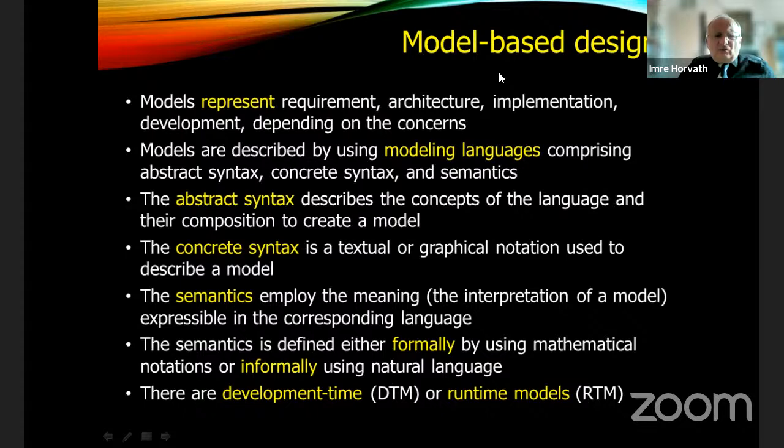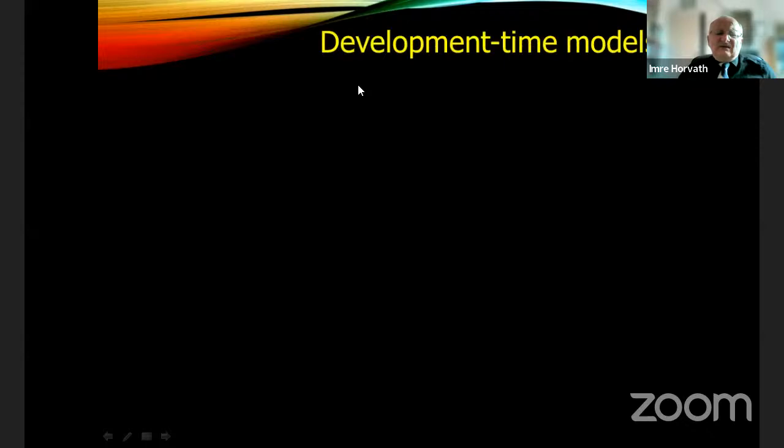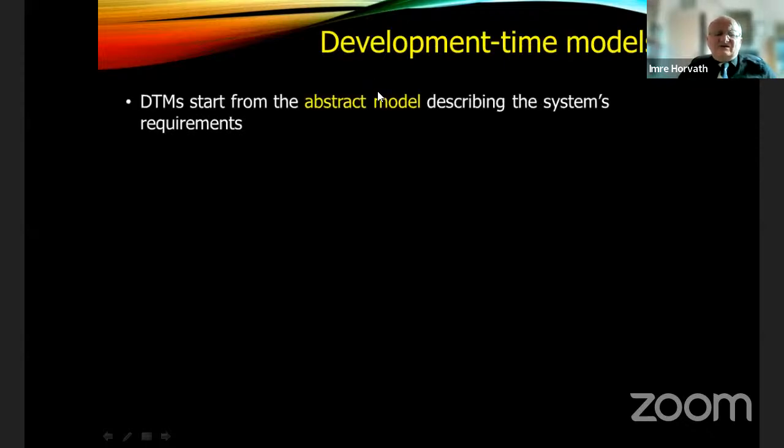When we are talking about model-based design, we have to be aware of the fact that there are development time models and there are runtime models. Let's look into these two things. Development time models are used by the designers or the developers at the time when they conceptualize the system and when they go into the detailed specification of the system. A development time model starts from an abstract model which describes the system requirement.